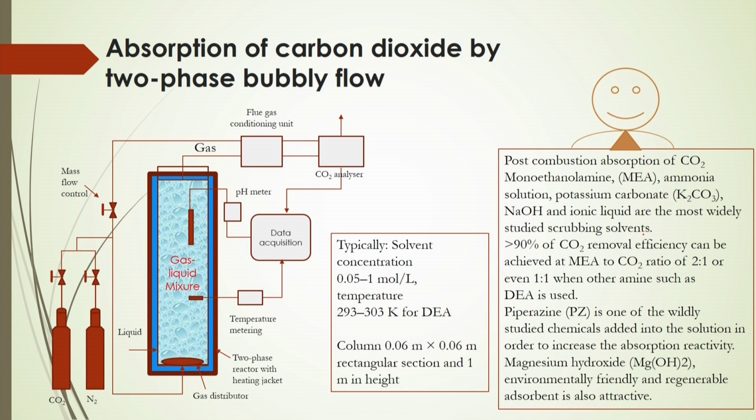So, you can use either solution. Carbon dioxide gas taken from the atmosphere by a blower, or from the cylinder, passes through the distributor and is dispersed in the solvent as a dispersed phase of bubbles.